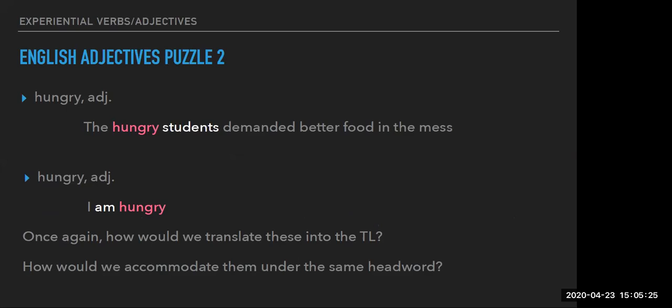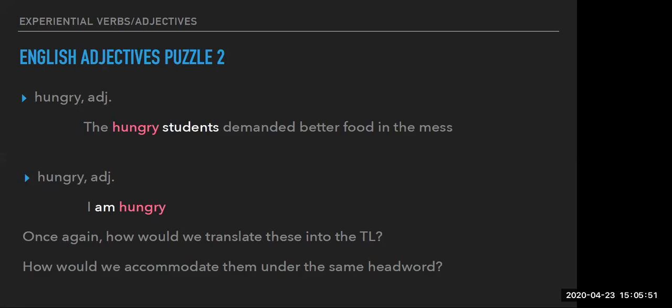Yeah. So again, it depends on the language, of course, but I have a feeling this is something that is more problematic for more languages spoken in India. So, the hungry students demanded better food in the mess. That's an adjective. And I am hungry. So that's also an adjective.